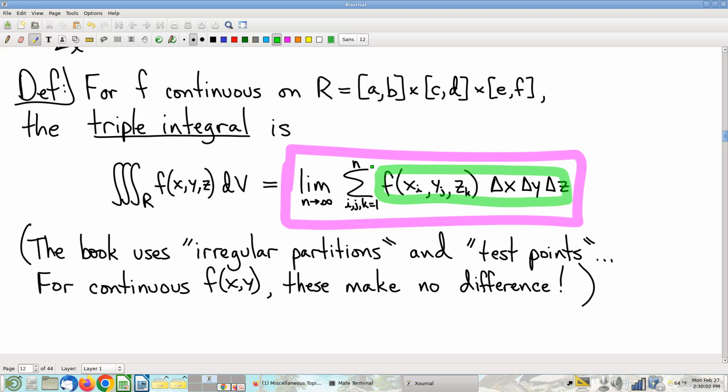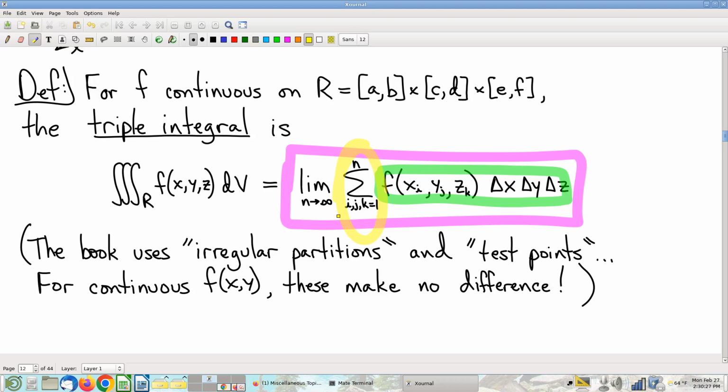Whatever our application is, I don't know. We don't want to pigeonhole ourselves, right? Whatever the application is, we're going to have quantity per unit volume is what our integral is going to be. We'll multiply quantity per unit volume times volume, which gives us quantity. And then we add up those quantities over the entire solid three-dimensional region.